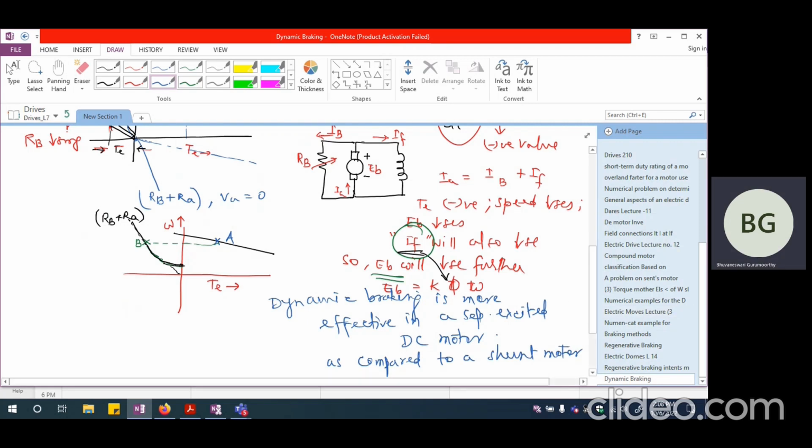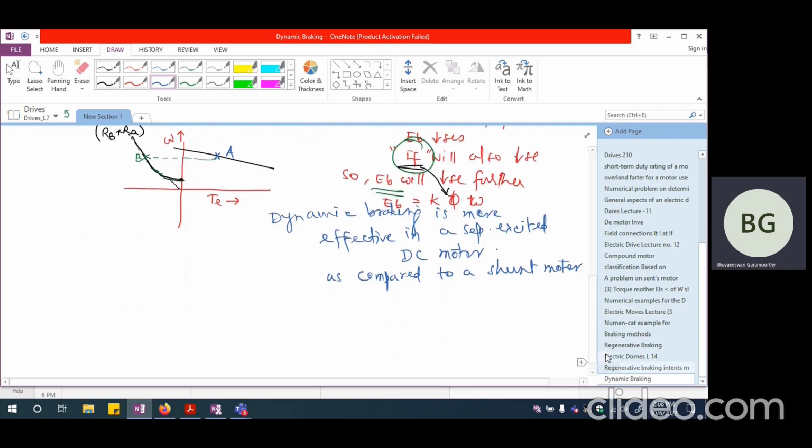Okay. Now, if I try to look at the series motor for dynamic braking, quickly I'll make a mention of this. So this is going to be my series motor with this as F1 and F2, and this as A1 and A2. And during motoring, I'm going to have the current flowing in this particular direction. So this is going to be IF and this is going to be IA.